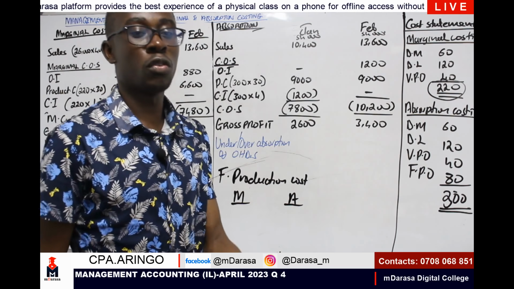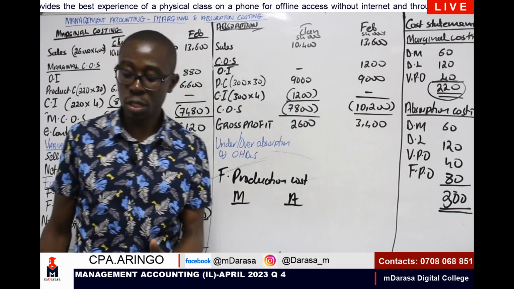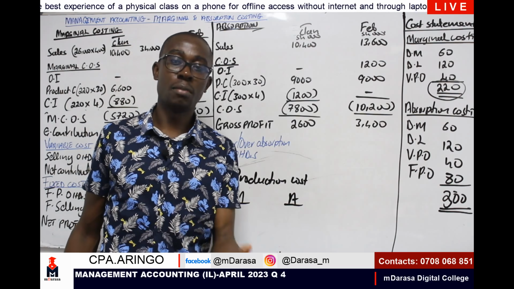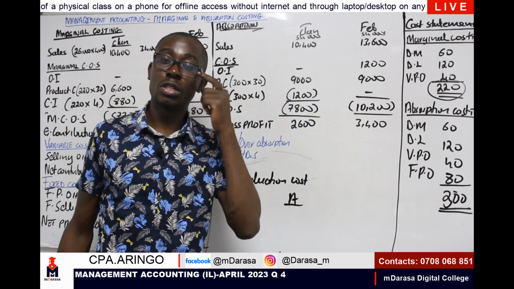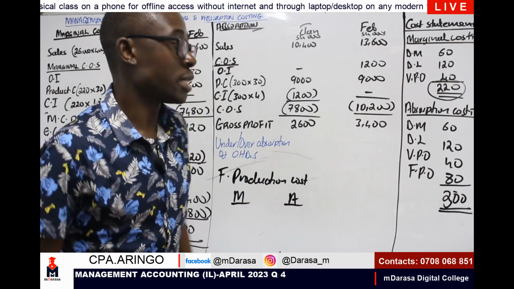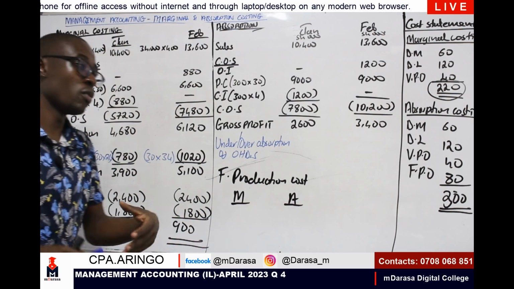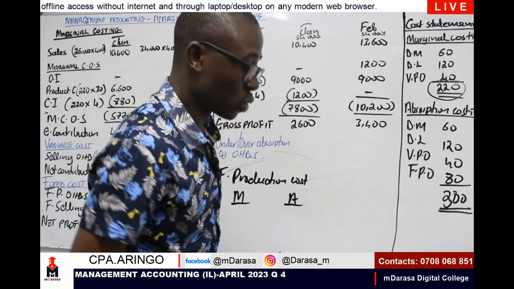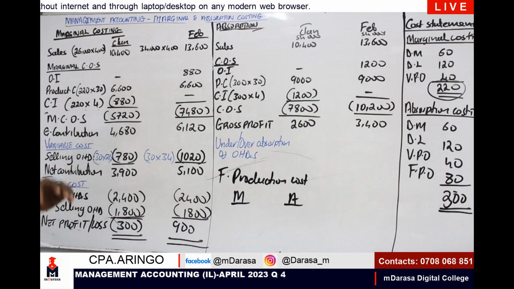Over absorption of overheads will understate our profit, so we need to add it back. Under absorption is when whatever we have absorbed is less than what we had budgeted. In that case, I will have overstated our profit, so to correct it, we are required to deduct it.